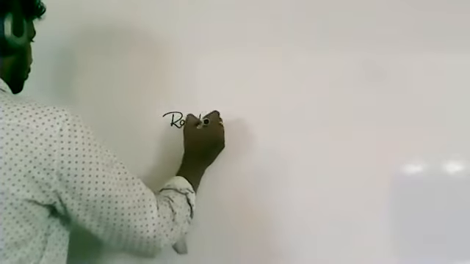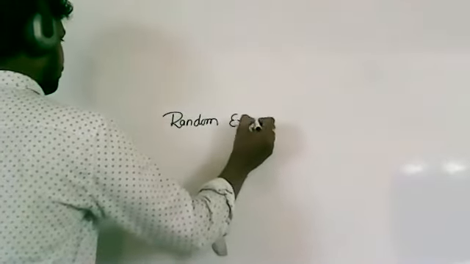We have different kinds of errors, right? So why do we get random errors? Random errors are due to what?